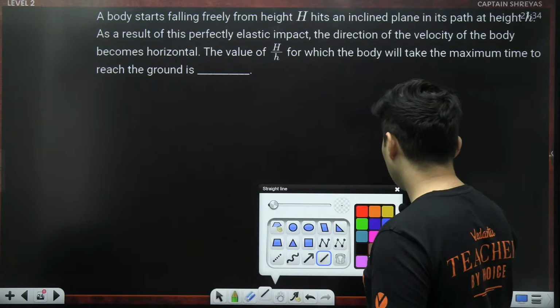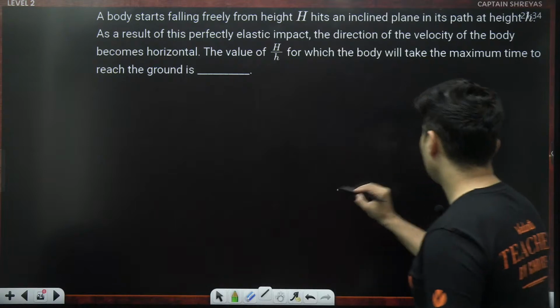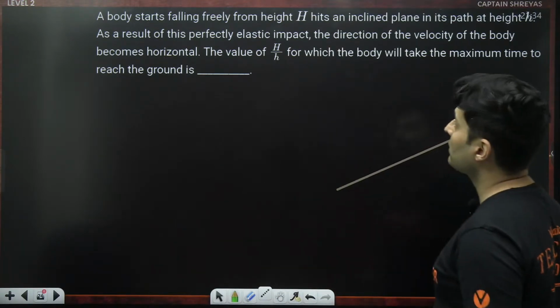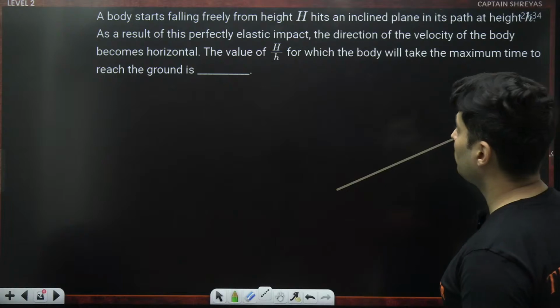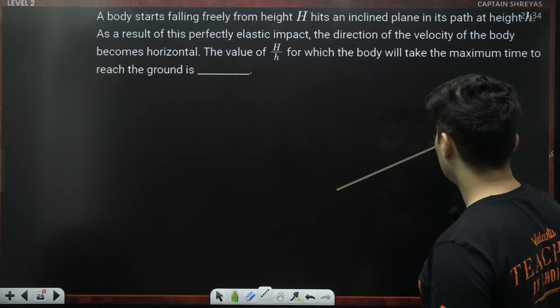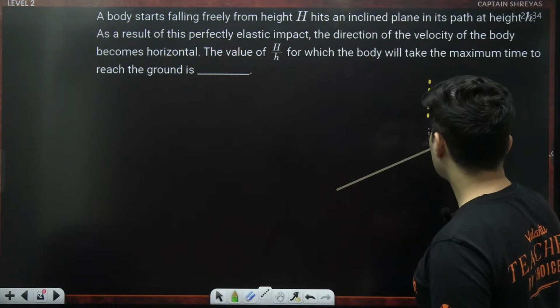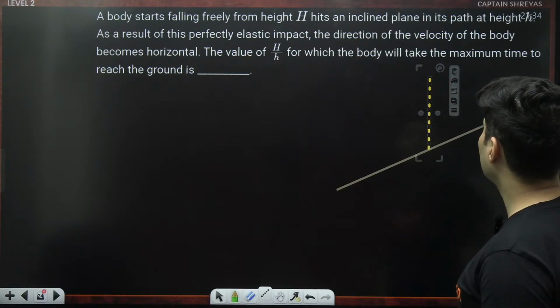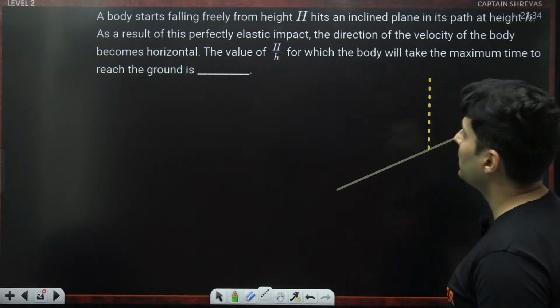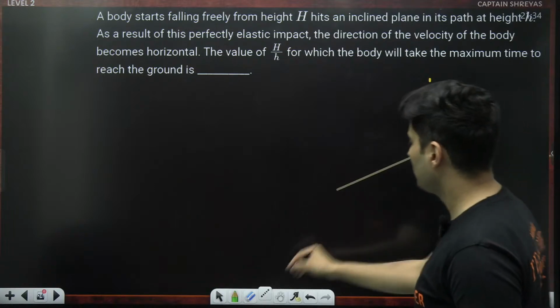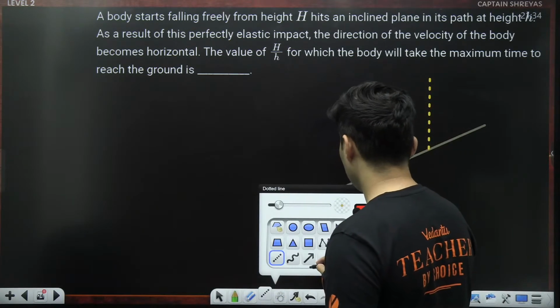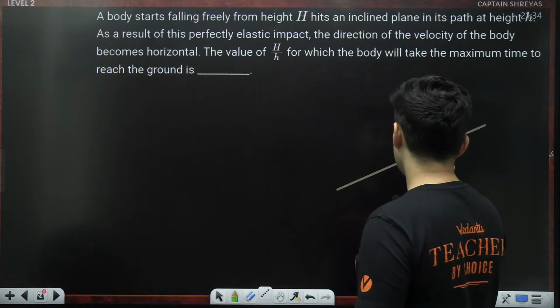So we have an inclined plane like this. There is a body which is starting to fall freely from some height H, like this, and it hits an inclined plane in its path at a height h. After this, it rebounds and probably goes like this, horizontally.